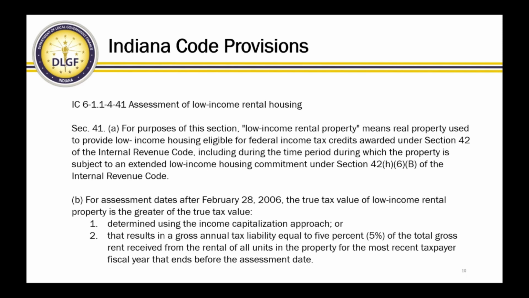For assessments after February 28, 2006, the true tax value of low income rental property is the greater of the true tax value using either the income capitalization approach or what results in the gross annual tax liability equal to 5% of the total gross rent received from the rental of all units for the most recent taxpayer year.